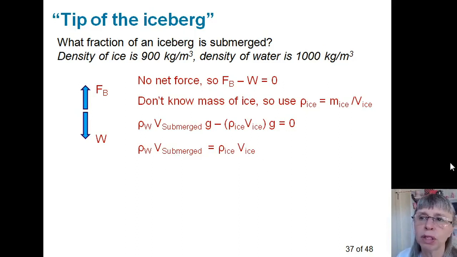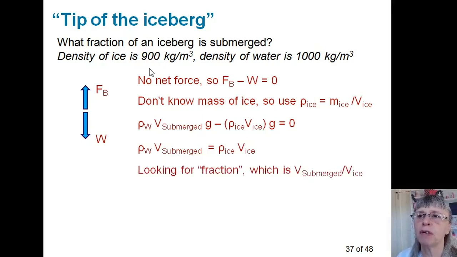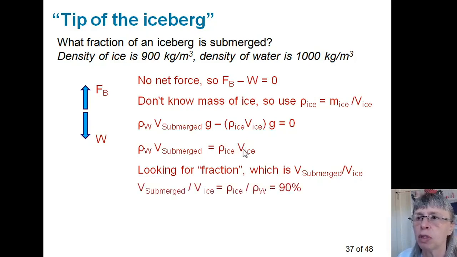But what we're looking for is the ratio. We're looking for the fraction that's submerged. So we're going to want the volume submerged divided by the total volume. That's going to be the fraction of the iceberg that's submerged. So we're going to rewrite this equation so that one side is V submerged divided by V ice. Now that's very straightforward to do. We just bring the ice here and we bring the water to the other side, and you find that the ratio of the volumes is equal to the ratio of the densities.